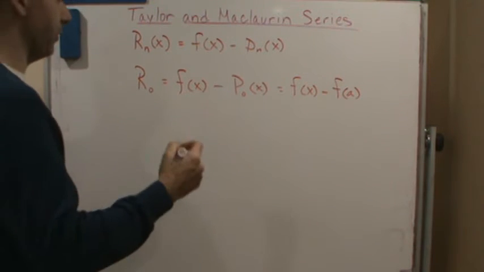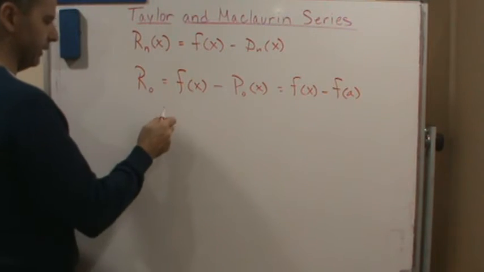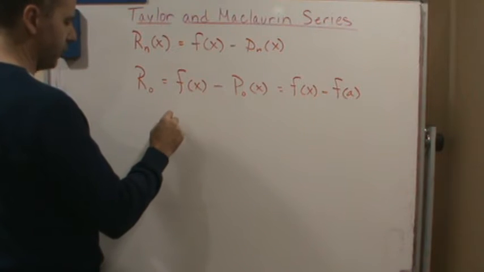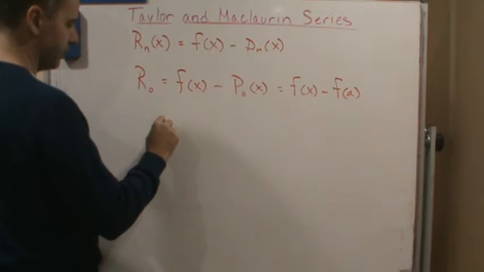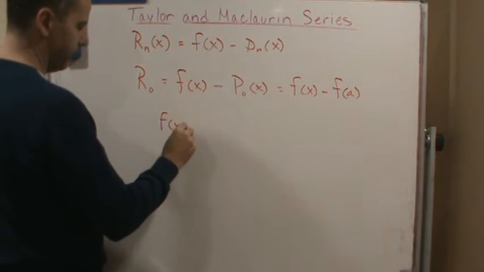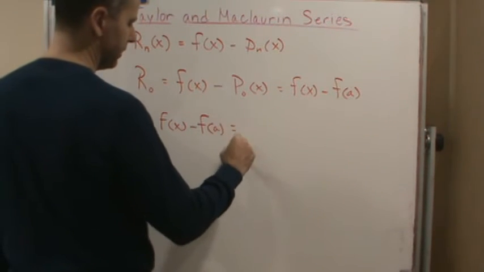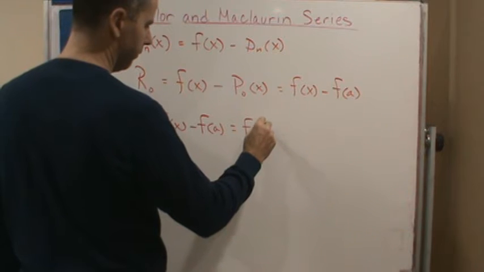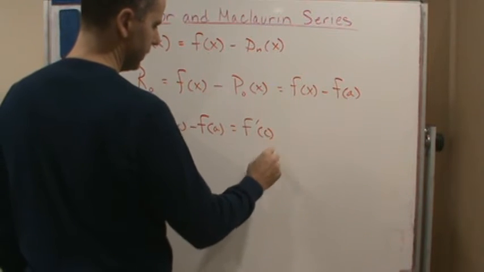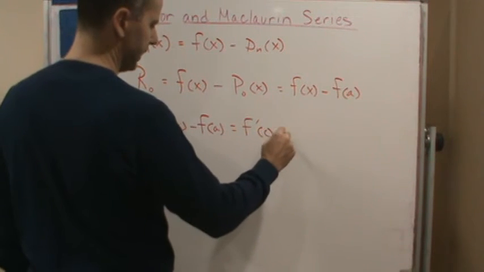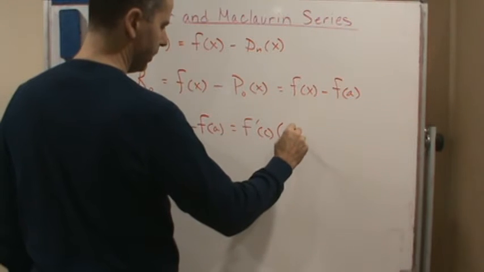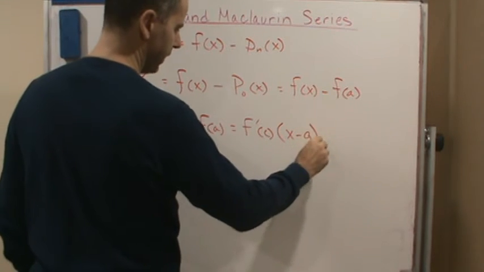What does the mean value theorem say? Well, that we would find a value c such that f of x minus f of a is equal to f prime of c times x minus a.